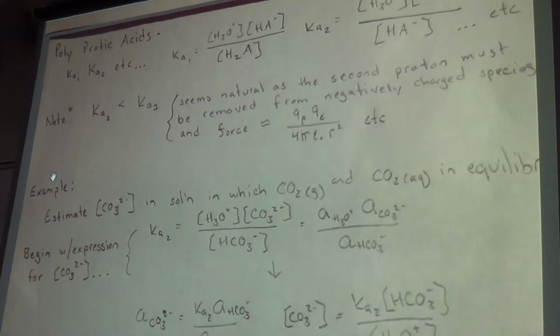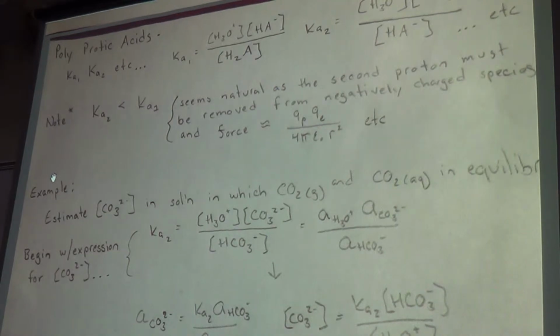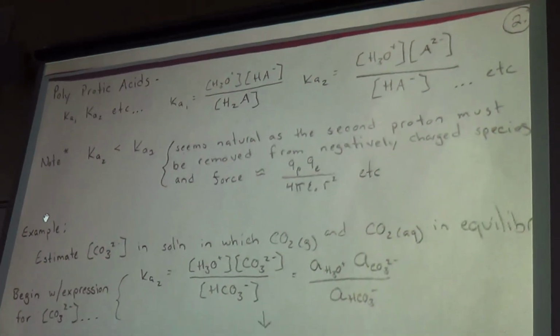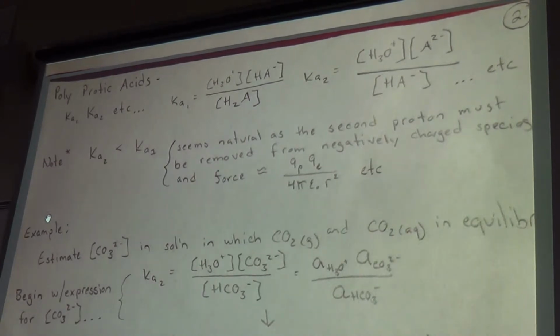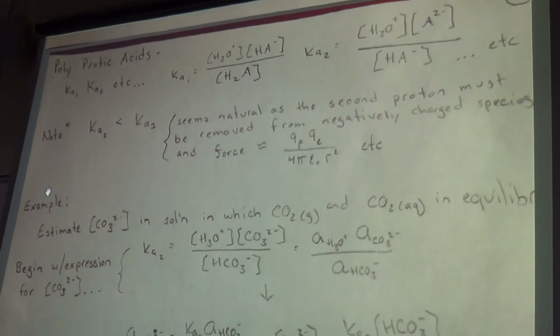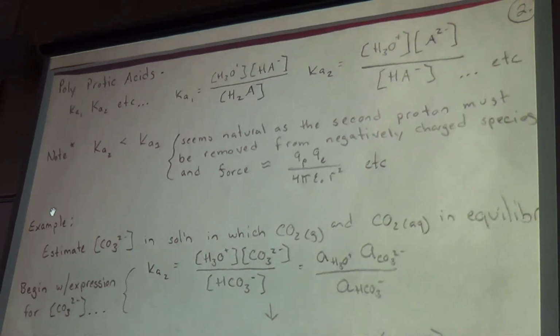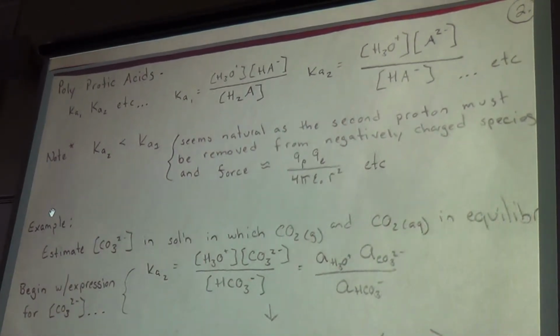F goes as Q1 times Q2 over 4 pi epsilon naught. And so there are larger forces tethering that second proton to the molecule. So we can always expect much lower dissociation for the second proton than for the first proton, so Ka2 is much smaller than Ka1.